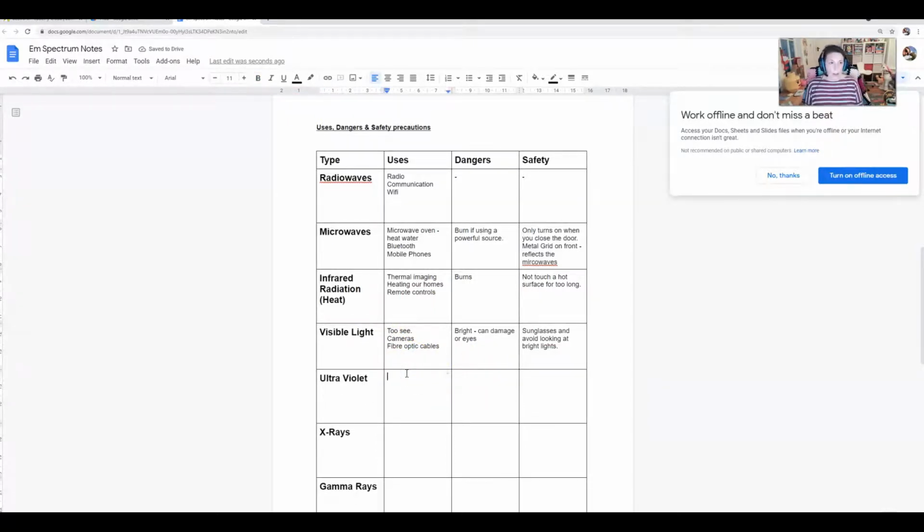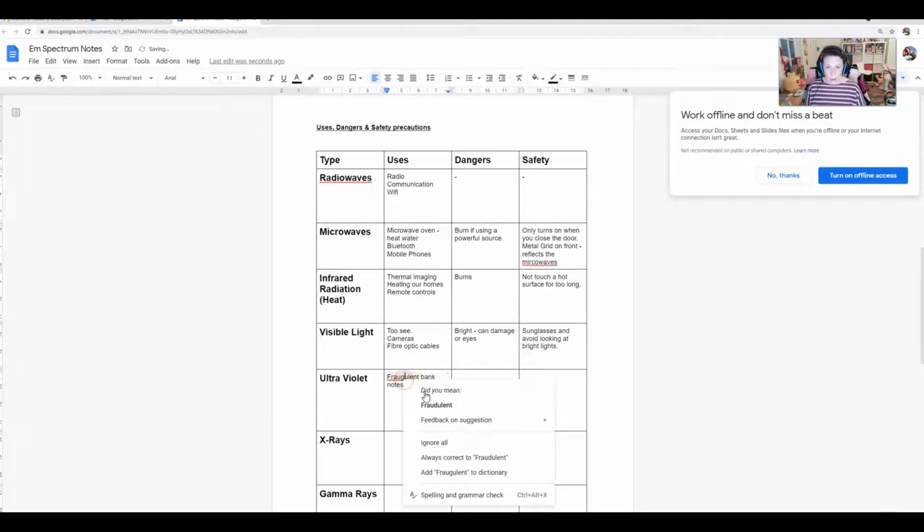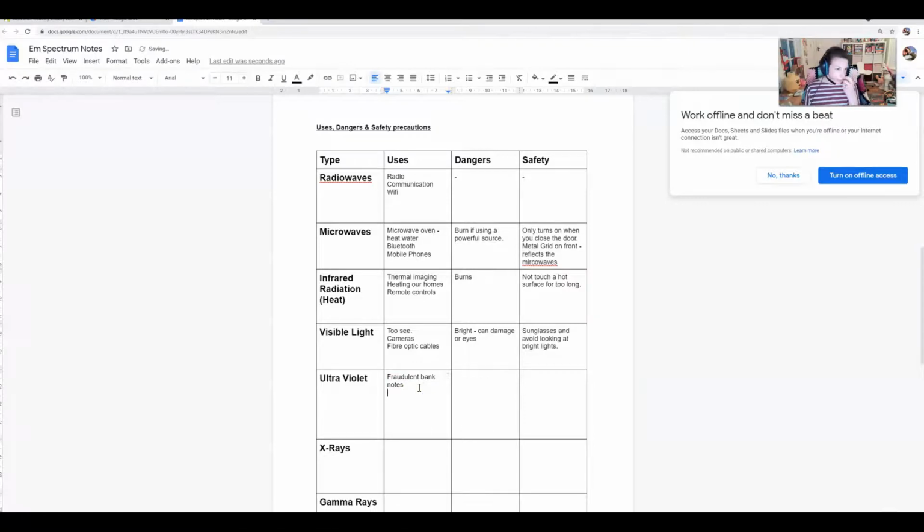The next one is ultraviolet. So ultraviolet is just out of the visible light, so we can't really see it. We use ultraviolet lights to detect fraudulent banknotes. So normal banknotes have got loads of ultraviolet ink on them, so that we can use them to discover.